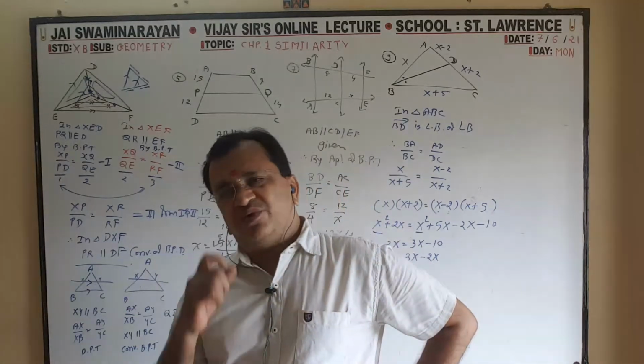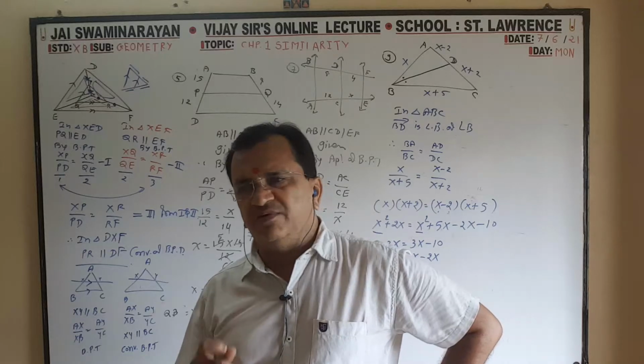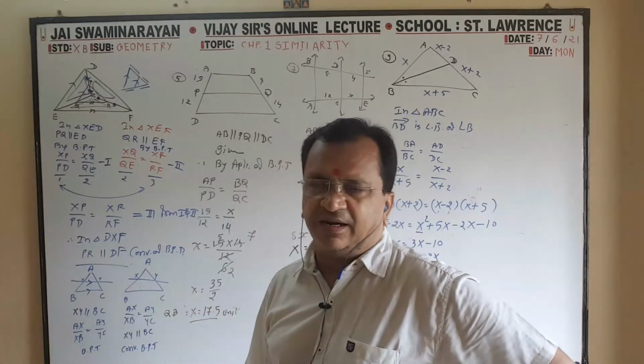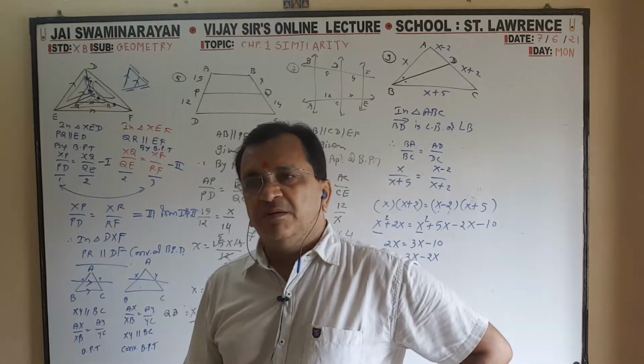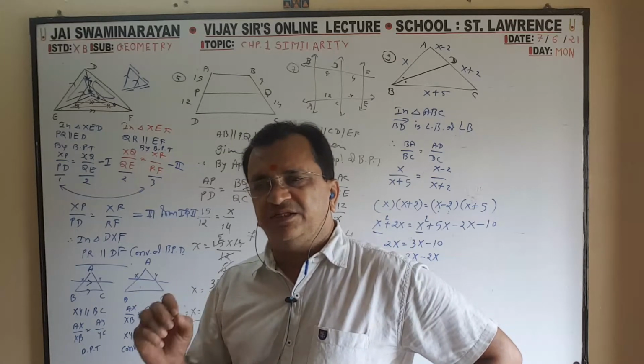So when it is parallel, you can write the ratio equal. When the ratios are equal, you can write that the two sides are parallel, one line to a side of the triangle. Parallel given and you write equal ratio, that is the basic proportionality theorem.